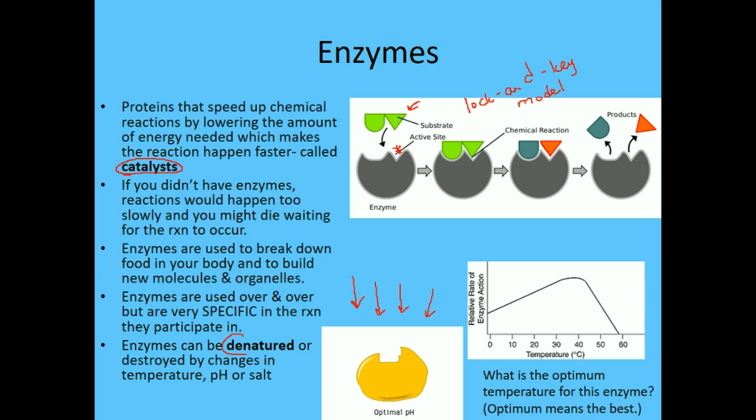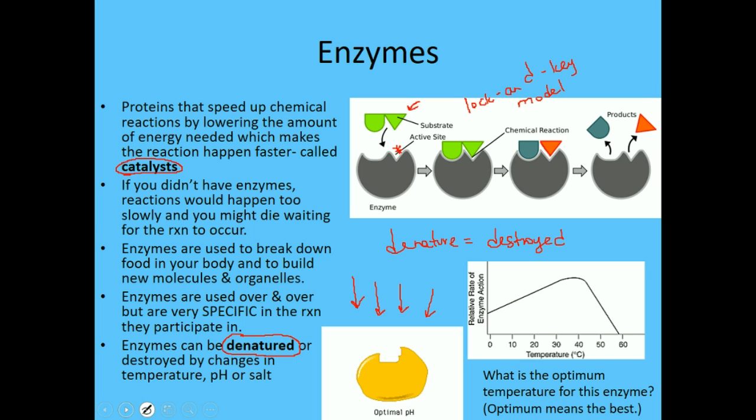We say that it's denaturing, which means it's basically being destroyed. So denature equals destroyed. And if you change the pH or temperature or both of an enzyme, it will denature it. Basically it won't work anymore. So enzymes work in a particular range of temperature or pH.